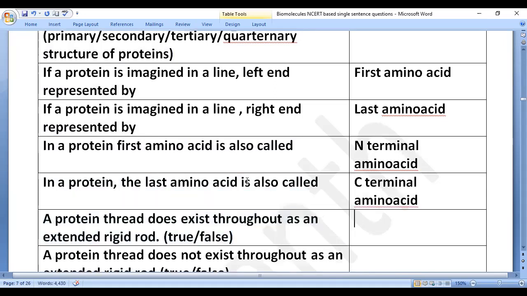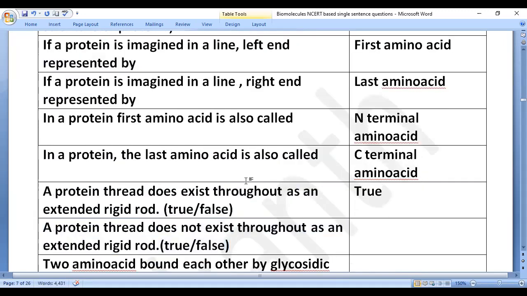A protein thread does exist throughout as an extended rigid rod. True or false?